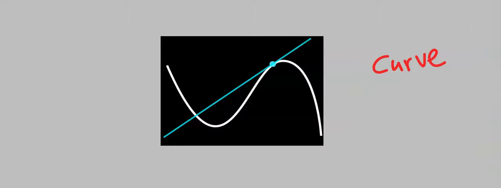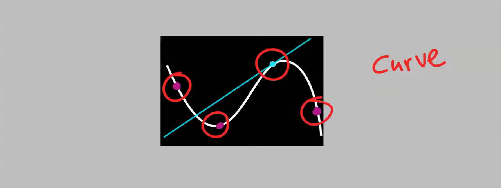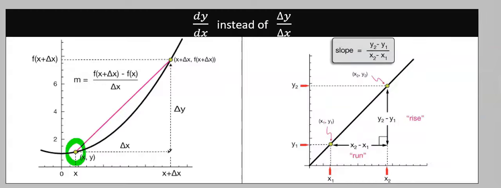However, consider a point on a curve, and this point can be any point or anywhere along the curve. Let's start by choosing 2 points along the curve.